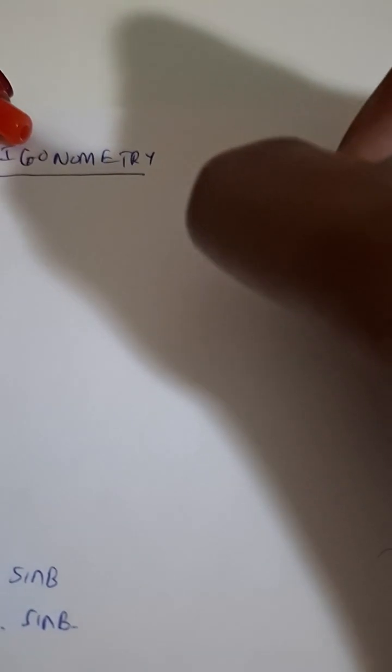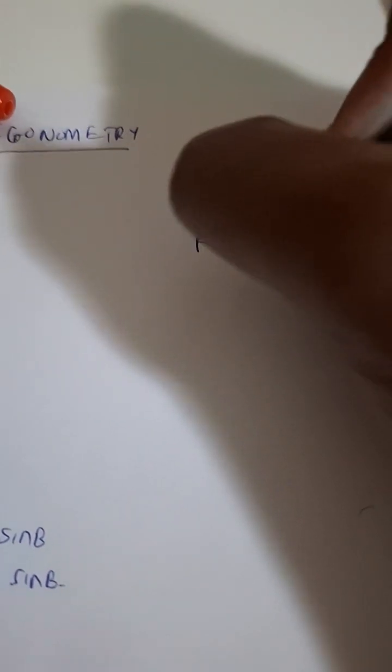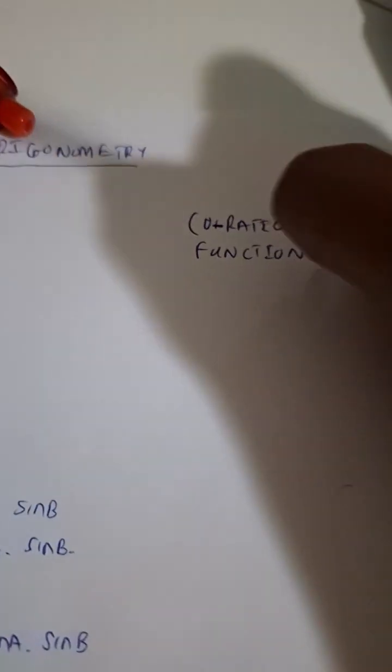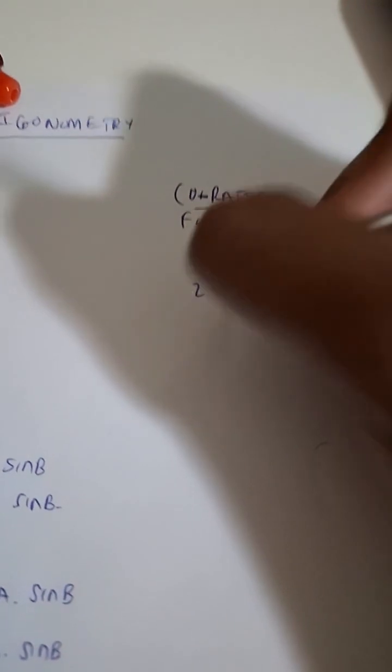Then remember, there's something we refer to as our co-ratios, or co-function values, if you want to call them that. The co-function values basically include your 90 minus, 90 plus, and I want to stretch and say 270 minus and 270 plus.